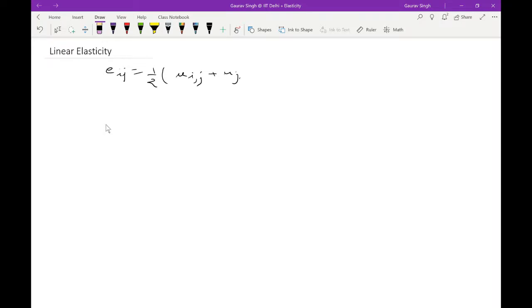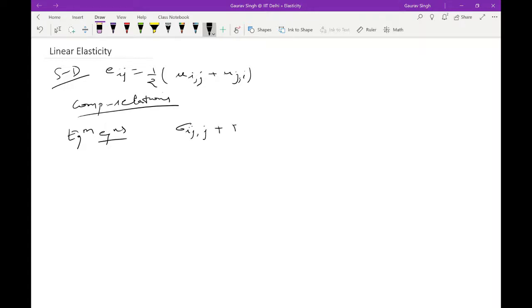Then we have had the compatibility equations. So this is the strain displacement relation, then there are the compatibility relations, and then we have the equilibrium equations, which is sigma ij comma j plus fi equal to 0.